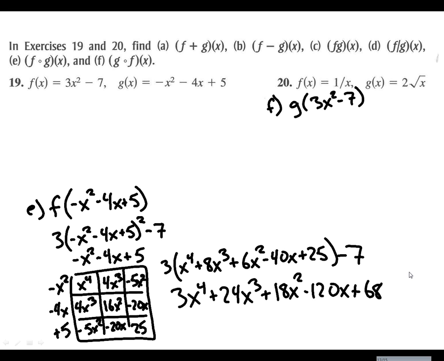Alright, so we have negative 3x squared minus 7 squared minus 4x plus 5.